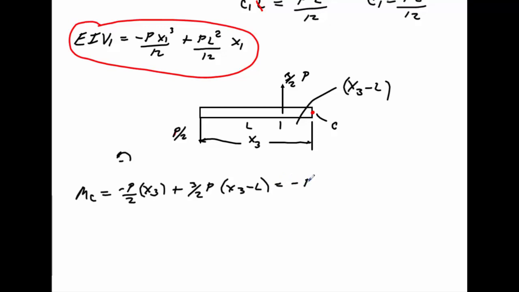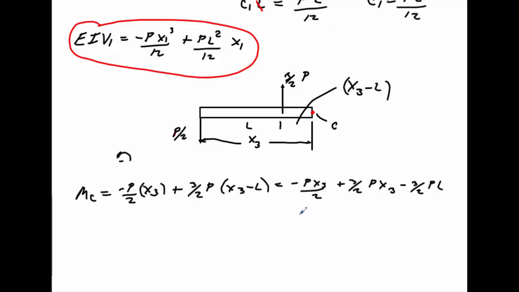That's going to give me minus P X3 over 2. We'll distribute this, and that'll give me plus 3 over 2 P X3 minus 3 over 2 P times L.